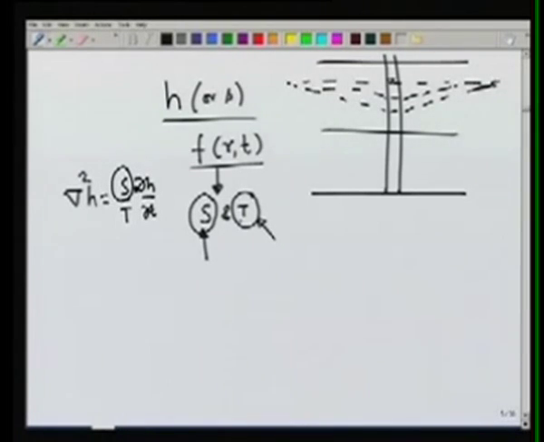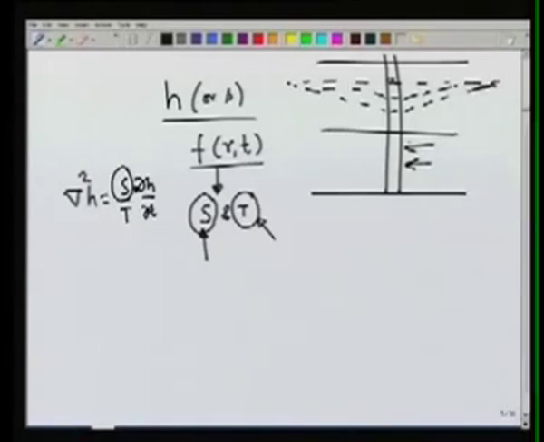So we will now look at the transient flow, radial again towards a well. All the other assumptions will still be valid.